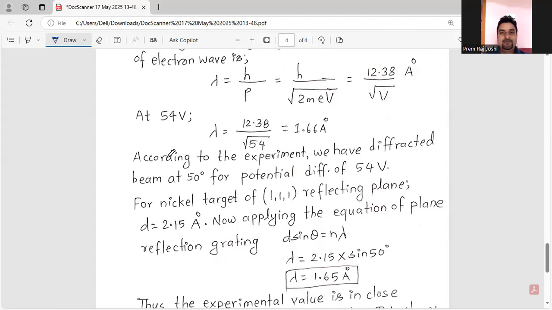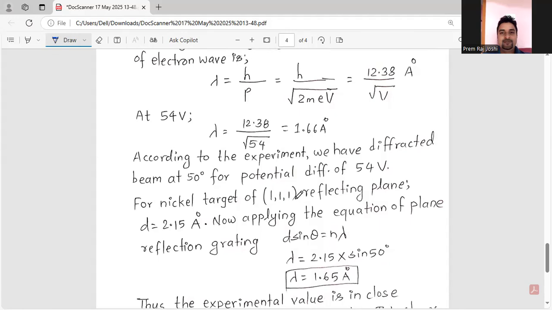This is the theoretical part: the wavelength we have obtained is from theory. According to the experiment, we have a diffracted beam at 50 degrees for a potential difference of 54 volt for a nickel target of 111. This is the Miller indices, specifying the plane.